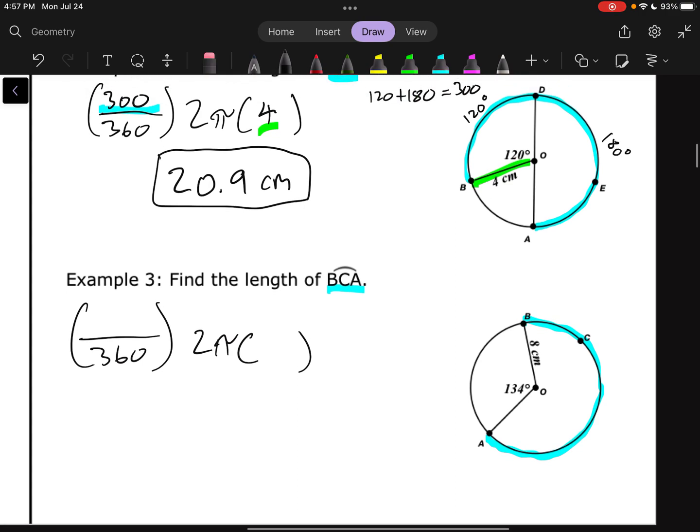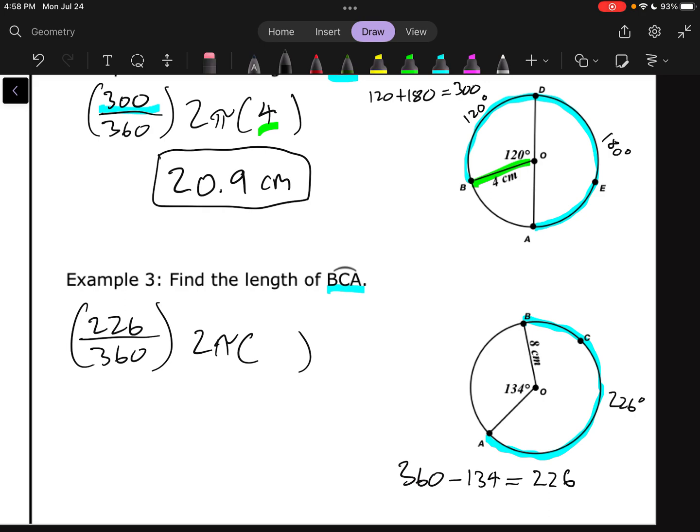Well, one way of thinking about it would be that the entire circle is 360. And the part that I want is the leftover part from the 134. So if I subtract that, 360 minus 134 would be 226. So this whole part's got to be 226 degrees.